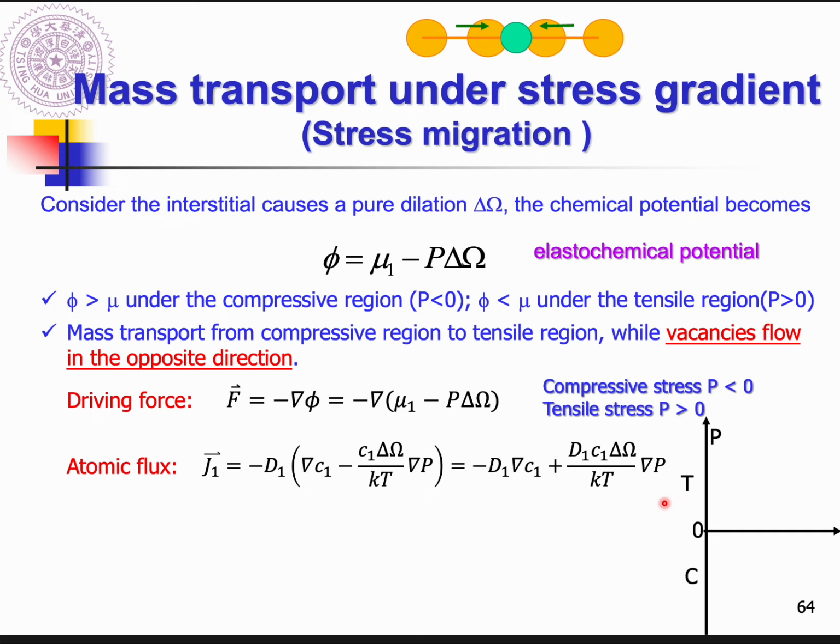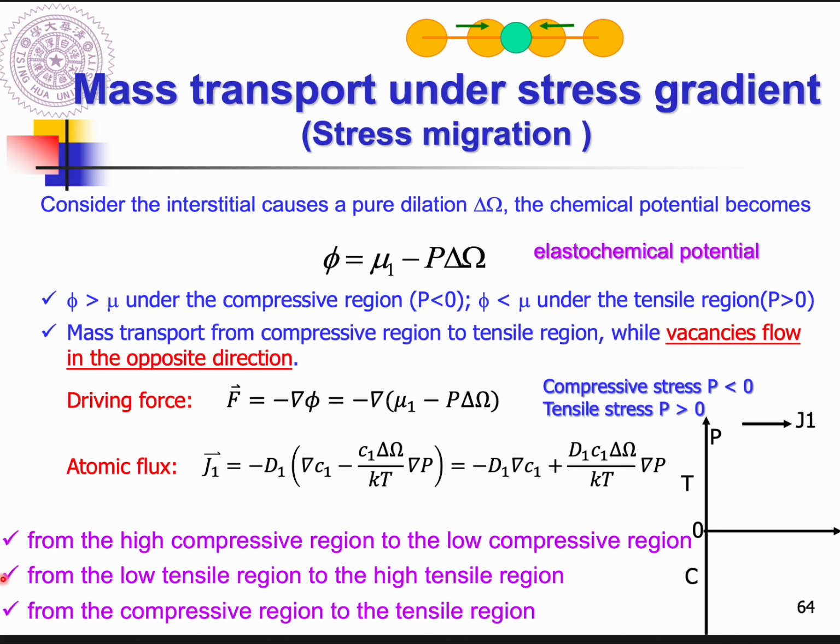Now we assume the atomic flux moves directly to the right-hand side. I hope you can draw the stress field inside these materials which can cause the atomic flux to move to the right-hand side. So probably you will write what? It means the stress gradient will be positive, right? The stress gradient will be positive.